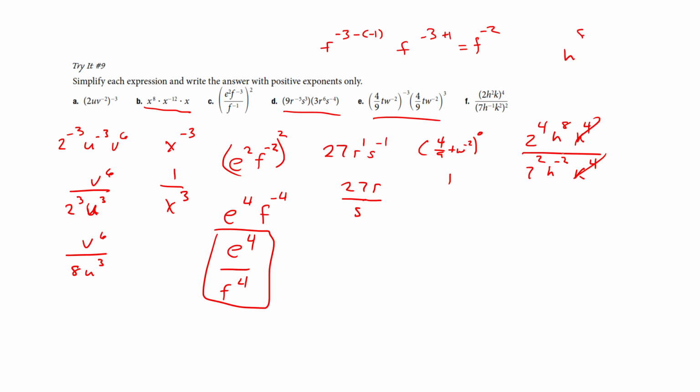Does that make sense? Anytime you cross the line, so if I have a negative on the bottom, it can cross to the top and become a positive. It works either direction. But another way to think of it is h to the 8 minus negative 2 is h to the 10th. You'd get the same way 2 different ways. So 2 to the 4th, h to the 10th, 7 to the 2nd is 49. 2 to the 4th is just 16, right?